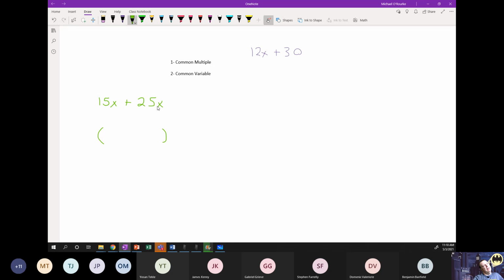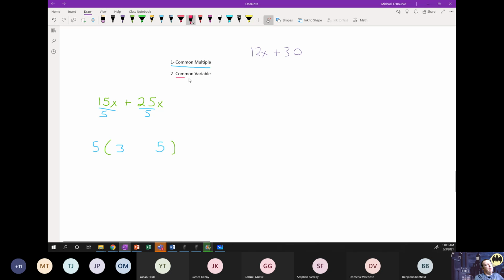So first things first, is there a common multiple between those two numbers? 5. Okay, so I'm going to take a 5 out, and I'm going to write it here. Then I'm going to divide everything by 5. So 15 divided by 5 is going to be 3. 25 divided by 5 is going to be 5.